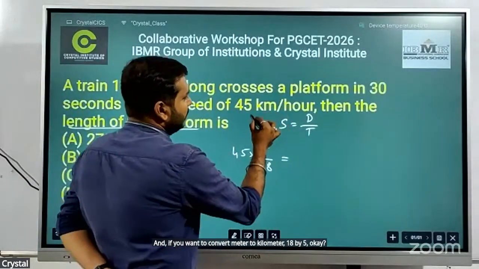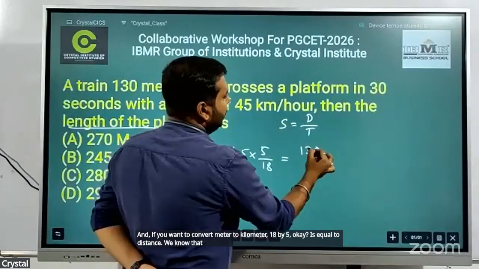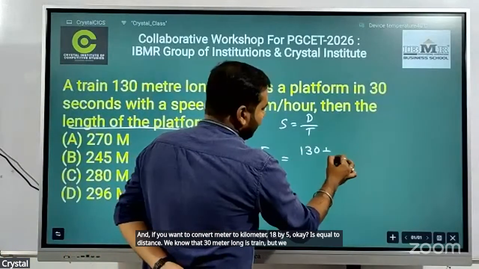Okay, speed is equal to distance. We know that the train is 130 meters long, but we don't know the platform.